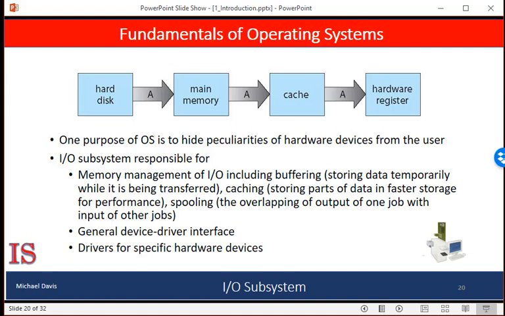There's a memory management component that includes buffering, caching, and spooling. There's a device interface, and there are drivers for specific hardware devices. Drivers, as you know, are files that keep information about how the device operates. Only the device driver knows the peculiarities of the specific device to which it's assigned.